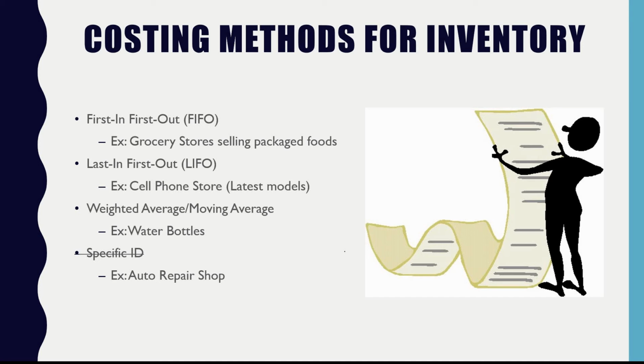So when we look at weighted or moving average, it depends on which tracking method we're using. When we talk about periodic inventory, we will be looking at weighted average, okay? When we dive into perpetual inventory, that's where we have moving average, okay?